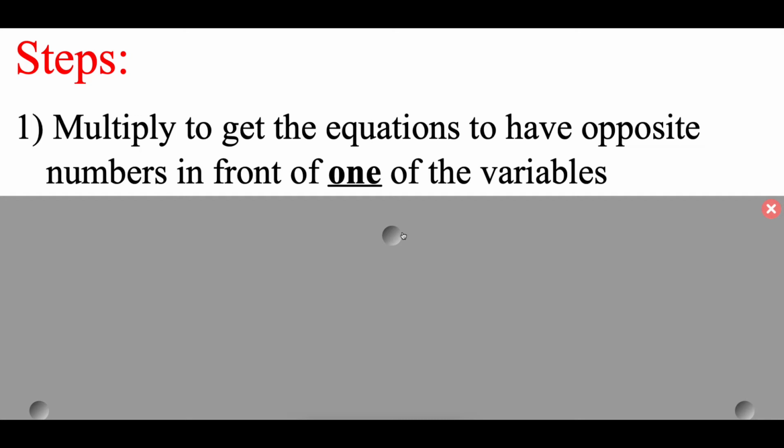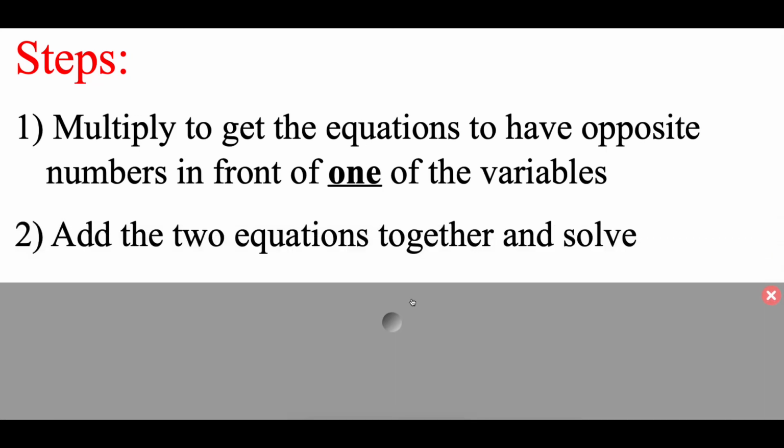Now, depending on what your system of equations looks like, this might involve just multiplying one of the equations by some number, or it might involve multiplying both of the equations by some number in order to get those opposite numbers in front of one of the variables.